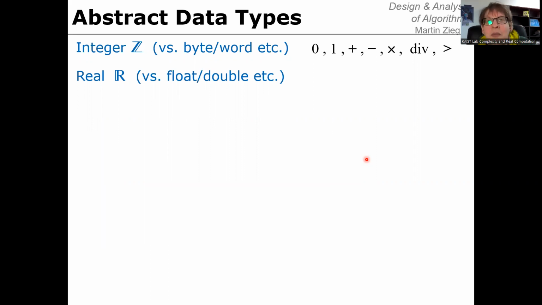Okay, enough advertisement for my research. Let's now move on and again recall what operations are supported by real numbers mathematically and by floating point numbers computationally. Again, we have constants, among others, 0 and 1. We have arithmetic operations.